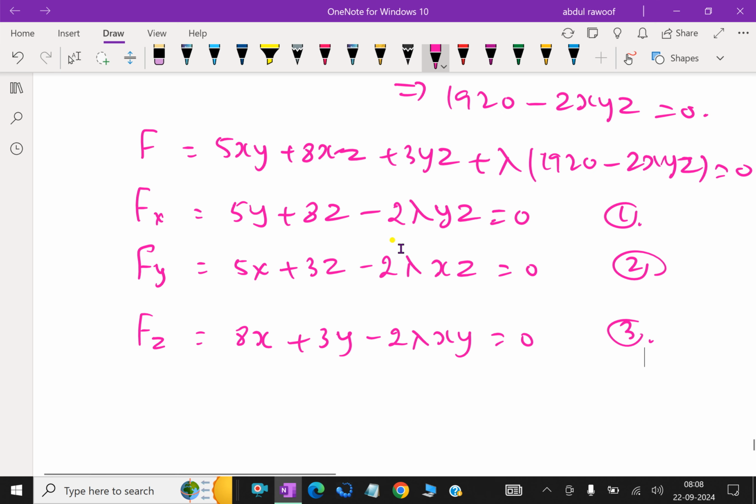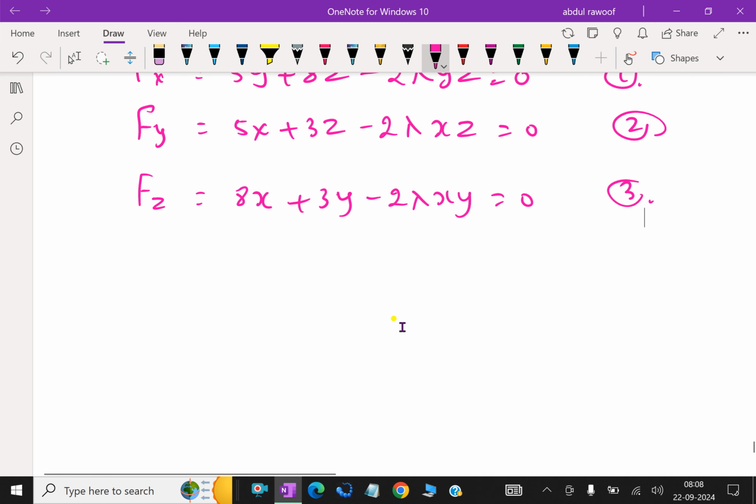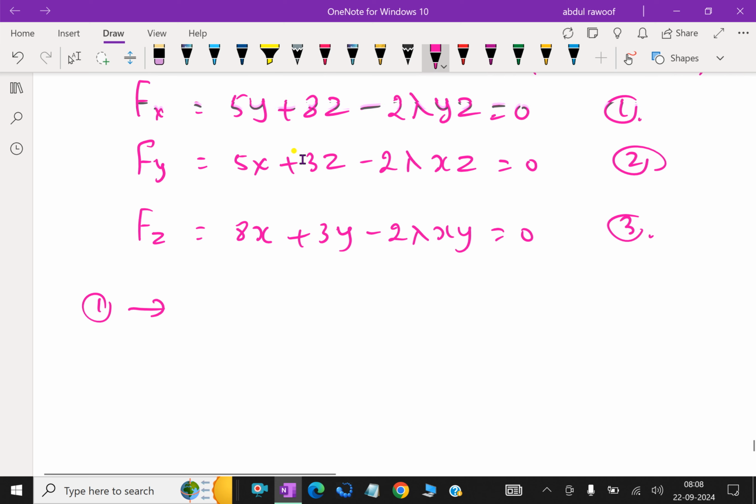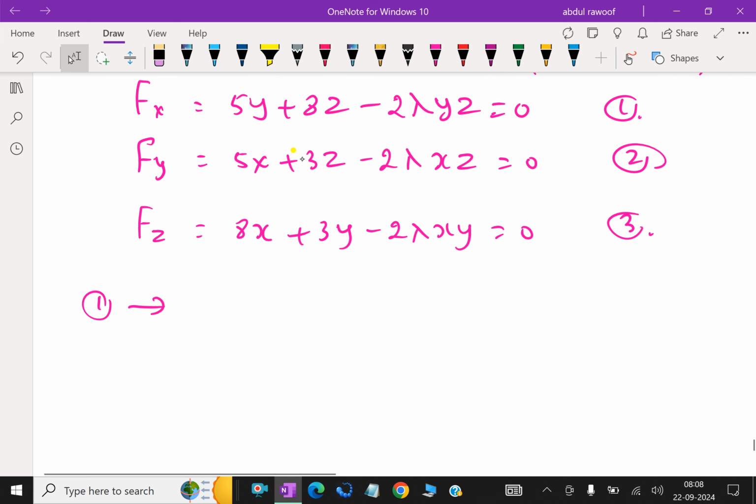Look at here. From all the equations you can get lambda. From equation 1, moving the other side, 2 lambda yz equals 5y plus 8z. So lambda equals 5y plus 8z over 2yz.